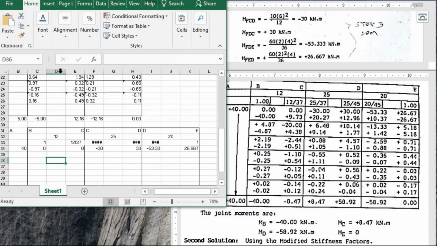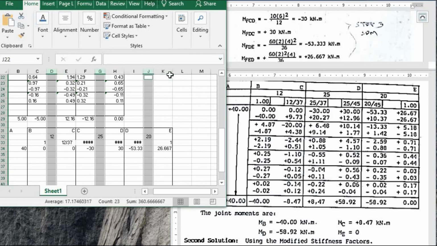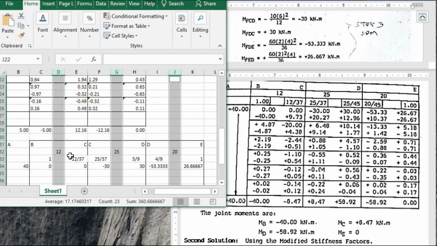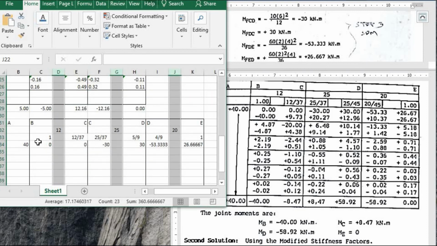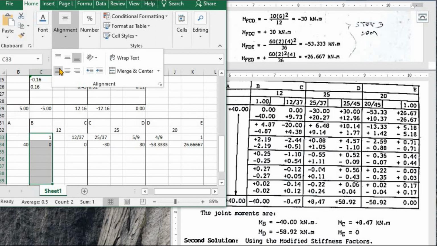Okay, next, pwede nating i-reduce yung columns in between. Yan. Okay na. Tapos, i-highlight ko lang ito. And then, align left.